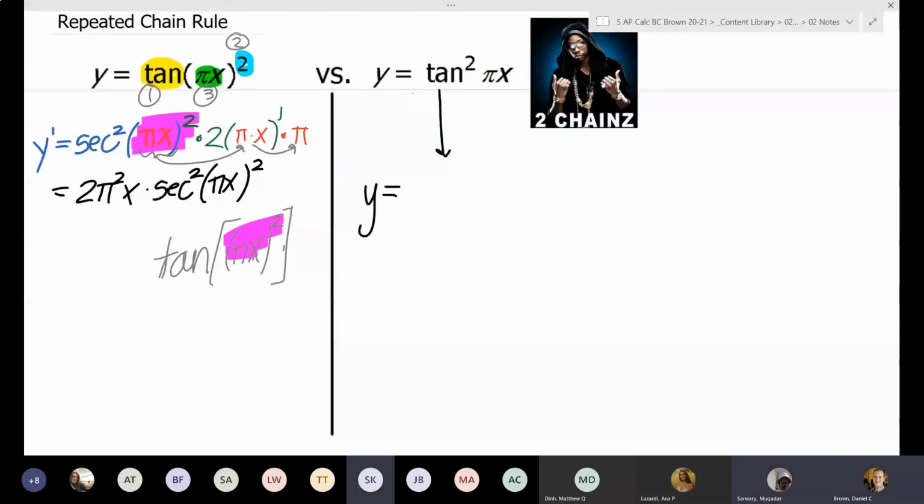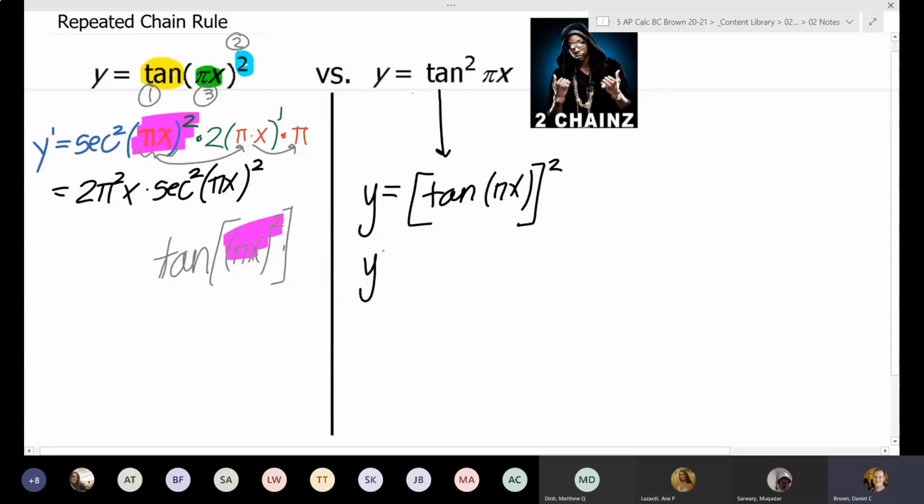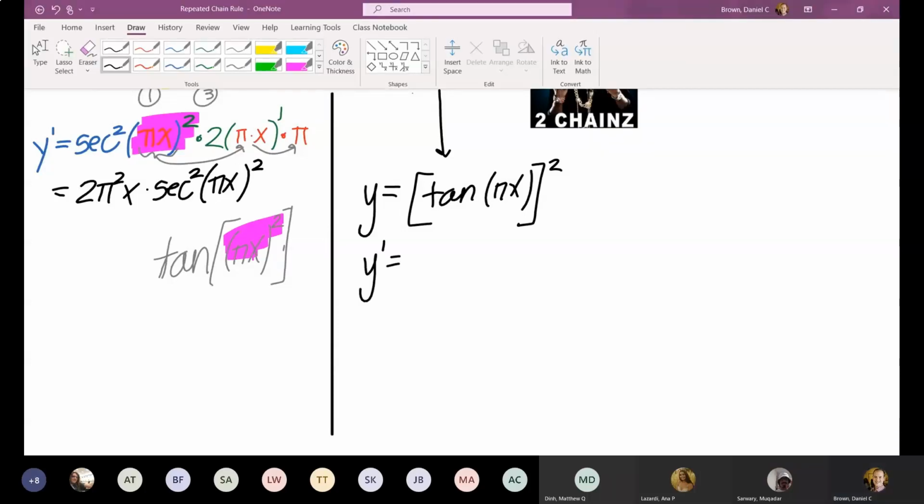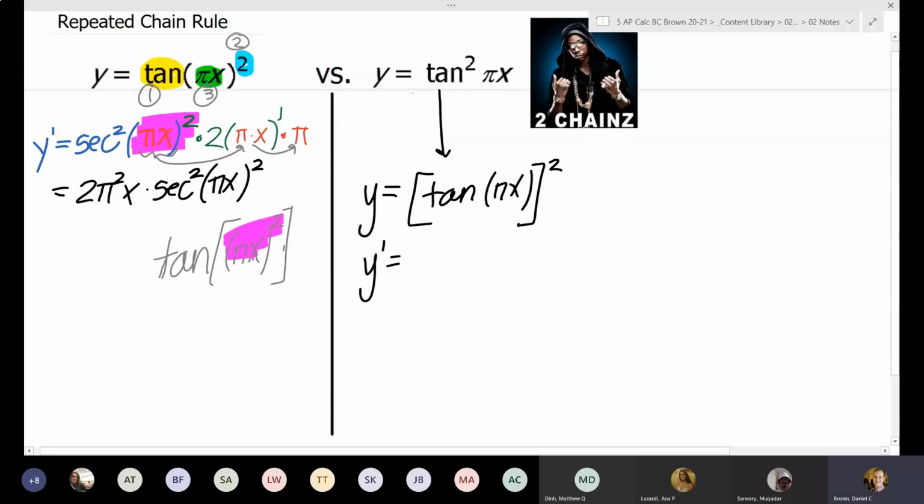So you can think of this as the tangent of, I'm going to add some parentheses here to make it a little more clear, pi x squared. So when I go to take the derivative of this one, we'll see if this helps. We can think of this as basically taking the derivative of something squared.